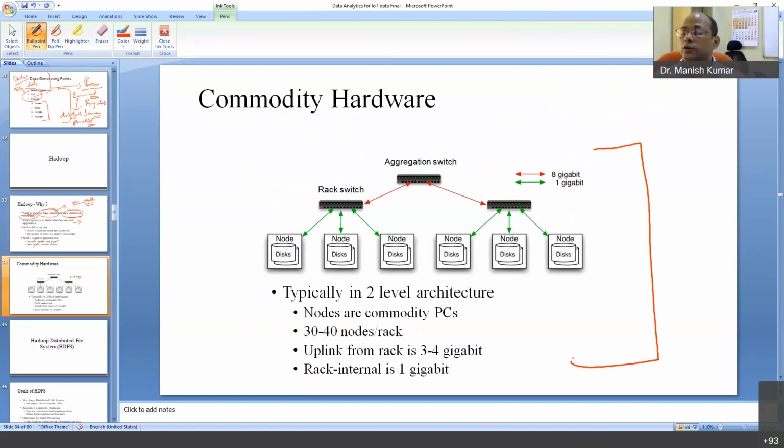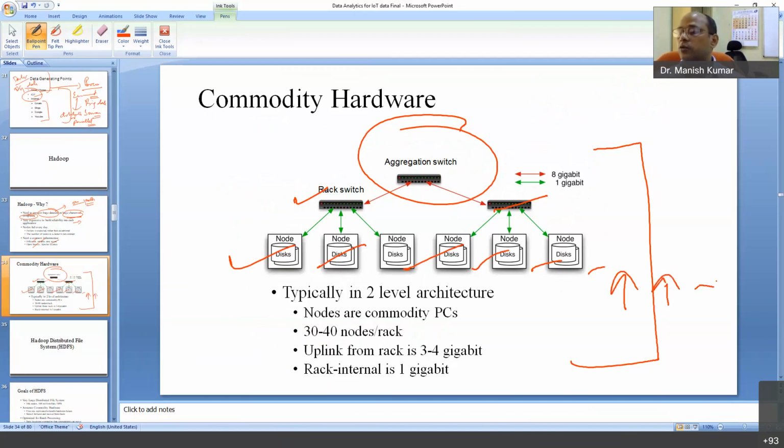Okay. So this is what it looks like if you talk about Hadoop. You have switches, which are known as rack switches. We have aggregation switches, and then there are individual nodes. And the beauty of this particular framework is that you can add nodes as and when required, and you can also detach nodes as and when required.